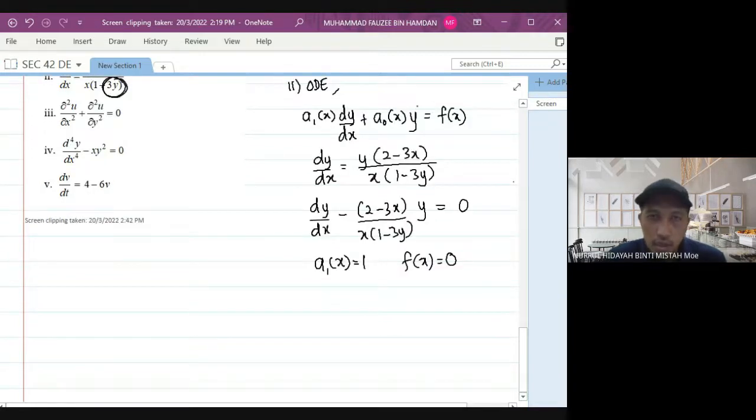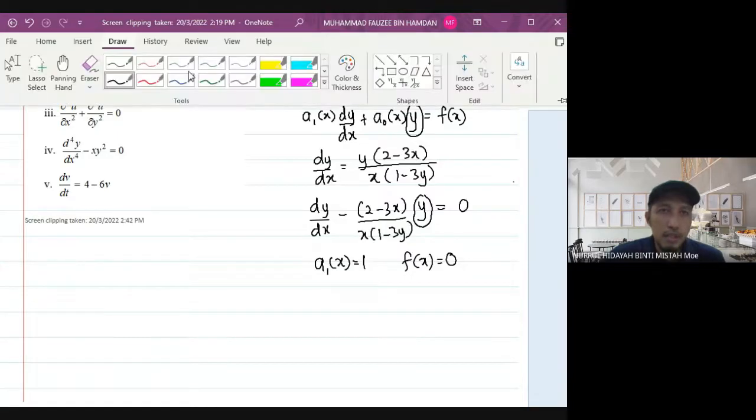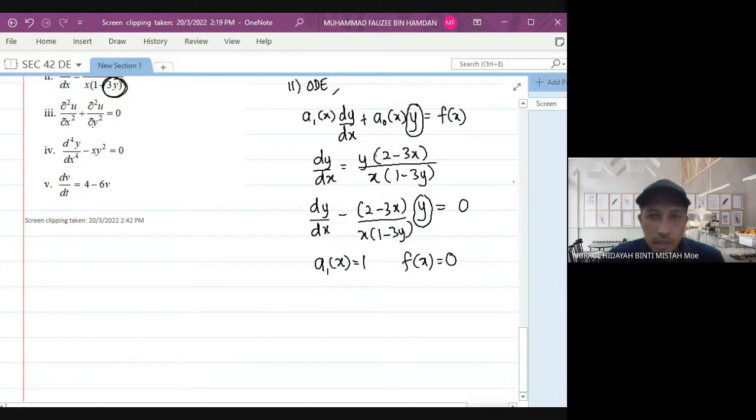This one has y. This coefficient should be a function in terms of x only. But if you look here, there exists y.